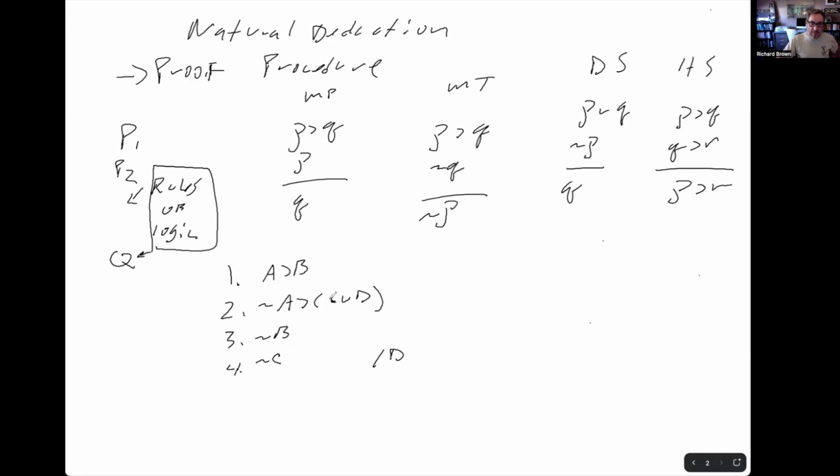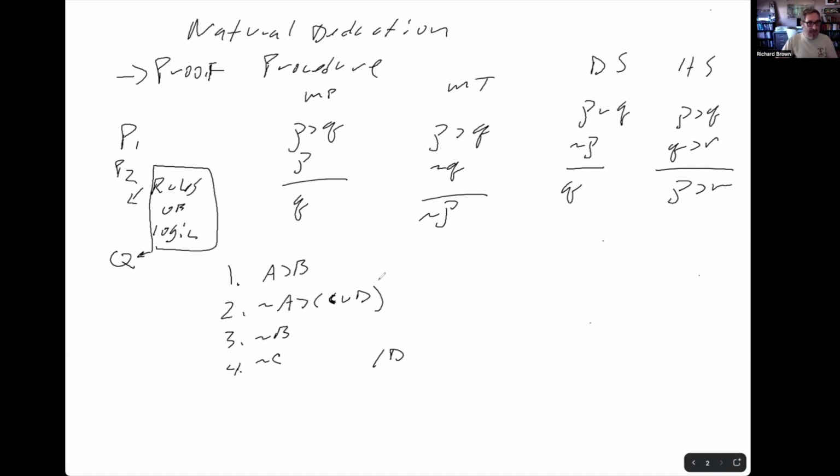Over here we have C wedge D, and what we would like to do is write C wedge D on a line down here, because there clearly is a D part. If you remember our disjunctive syllogism rule, it says you can break apart a wedge as long as you have something with the main operator as a wedge and a negation of the left-hand part of it, then you get to write down whatever's on the right-hand side.